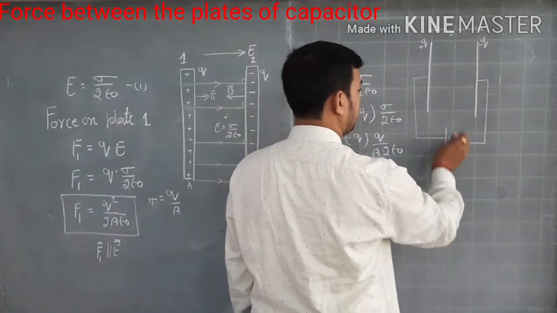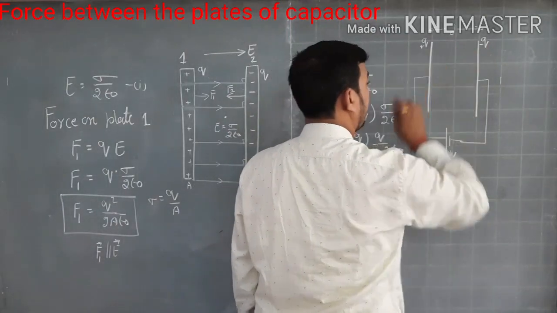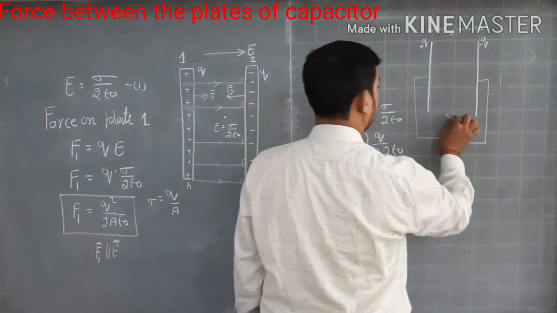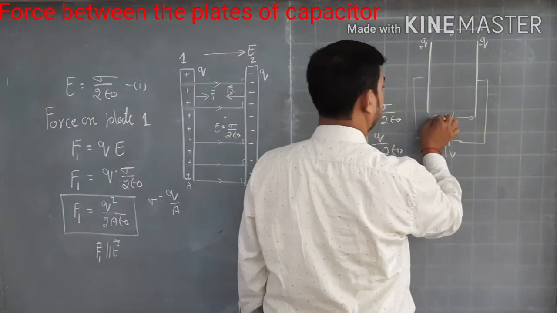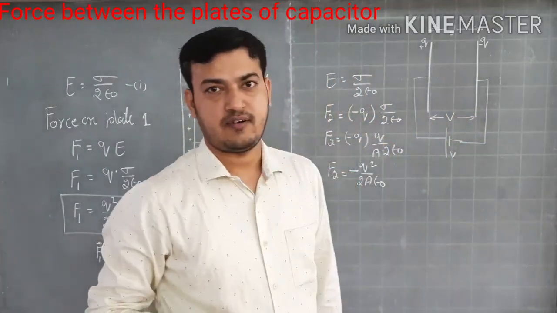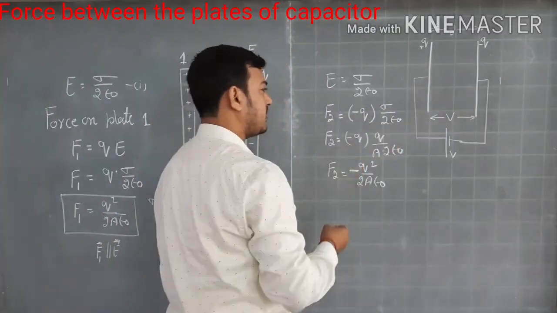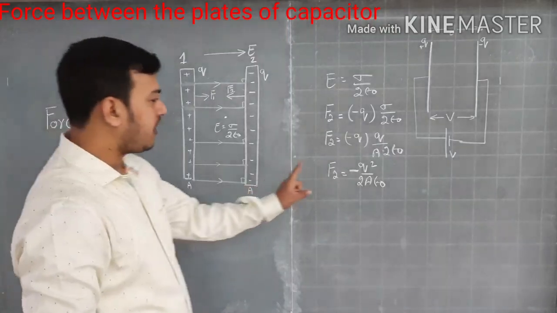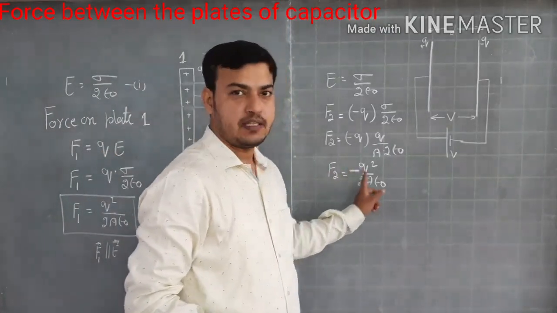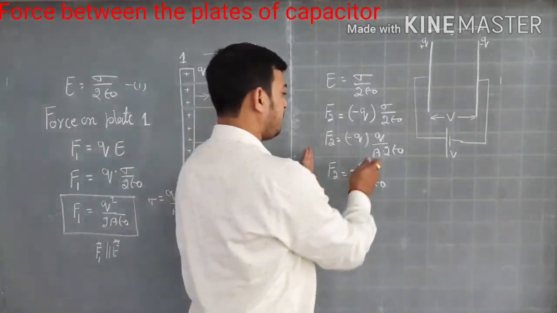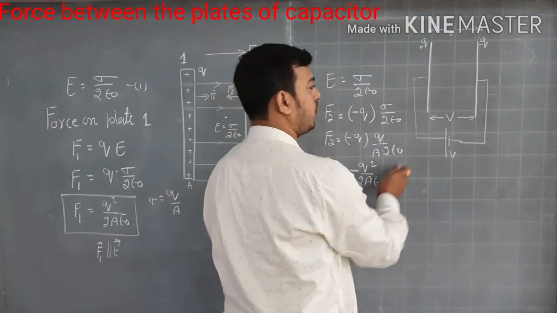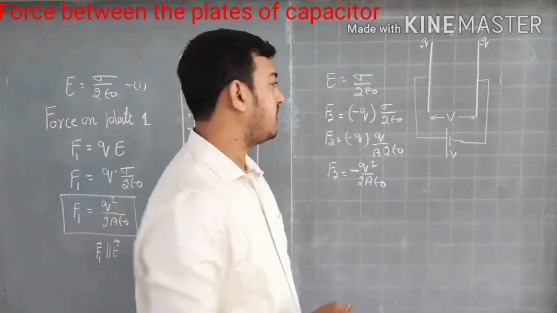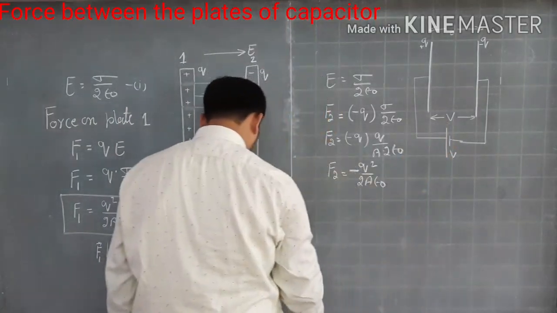So as the battery is connected, the charge cannot be taken as constant, but we can take the potential difference between the plates as a constant quantity. So if a battery is connected, then the charge will not be constant, so we cannot calculate the force by this formula. We need to convert the formula of force in terms of a constant quantity, and that constant quantity is potential.